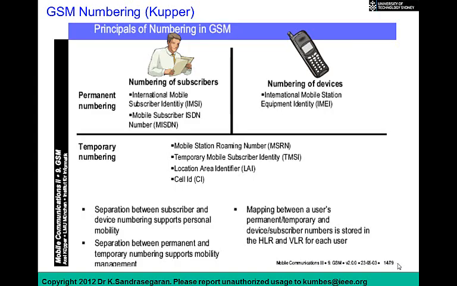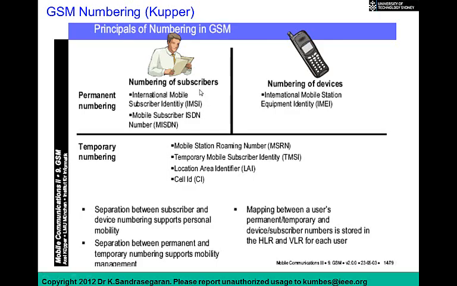So let's have a look at the first category, which is about numbers about subscribers that are permanent. We have something called the IMSI, or International Mobile Subscriber Identity, which is a permanent number.